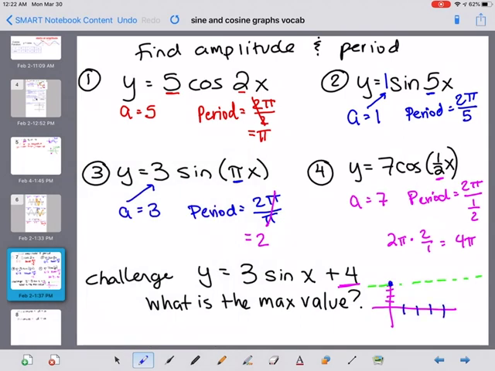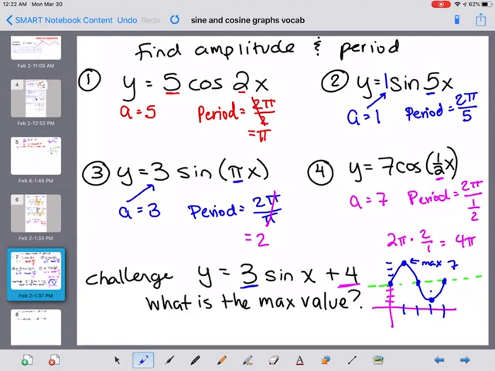Okay. And we would go up 3 spaces. So from here we go up 1, 2, 3, and that's where our next point would be. Then the next one's back at 0, and then we'd go down 3. 1, 2, 3, and make our point there, and then here we're back at 0. And so the maximum right here would be 7.